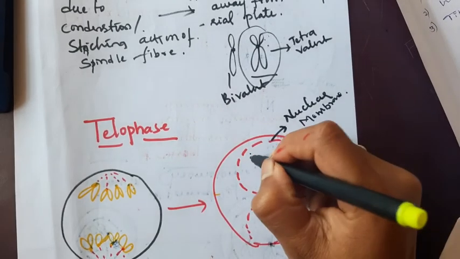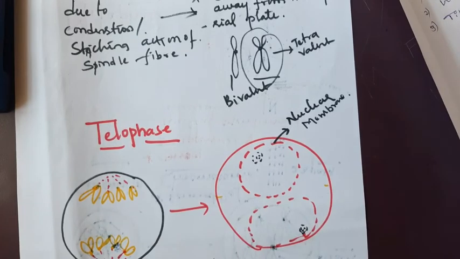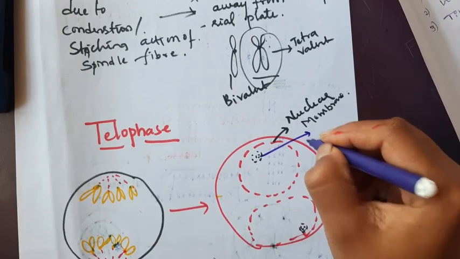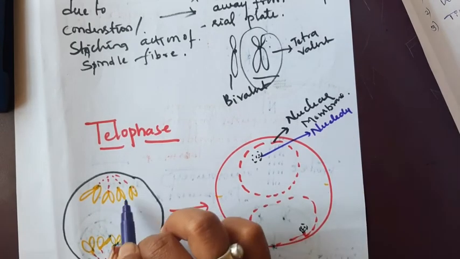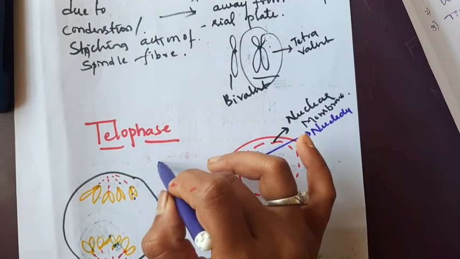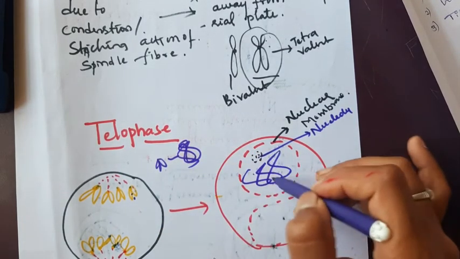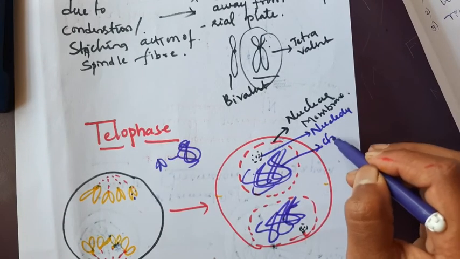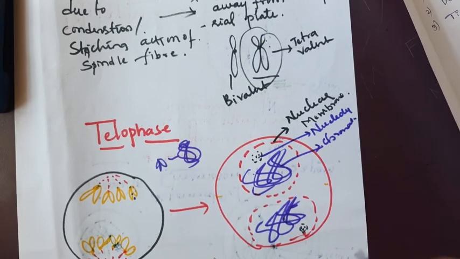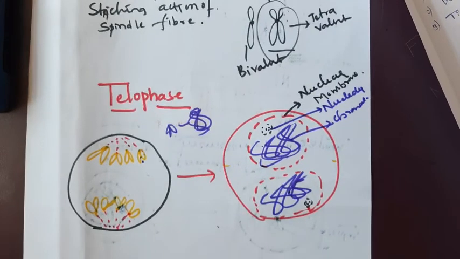Then appearance of the nucleolus. Then these chromosomes start uncoiling to form chromatin. The chromosome has converted into chromatin. This is in the case of telophase.